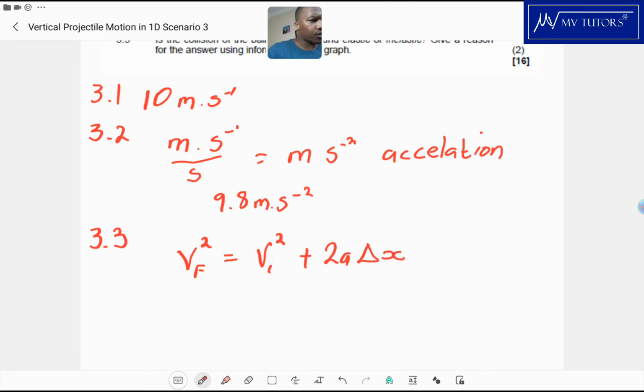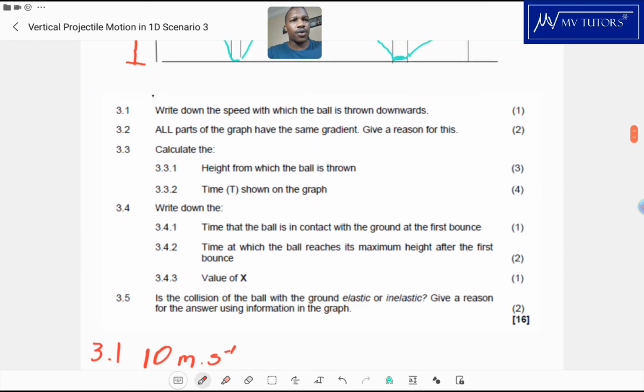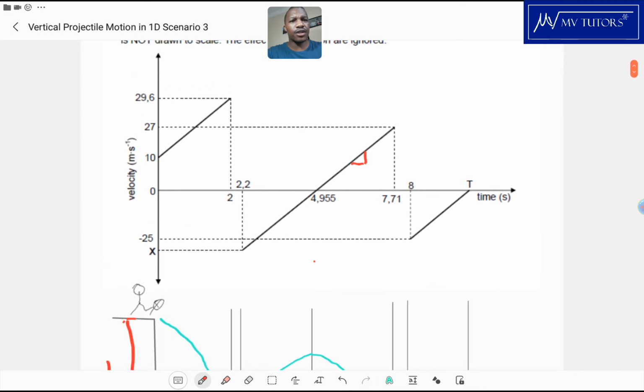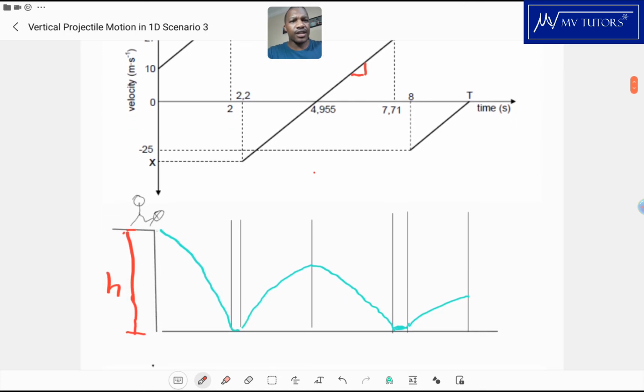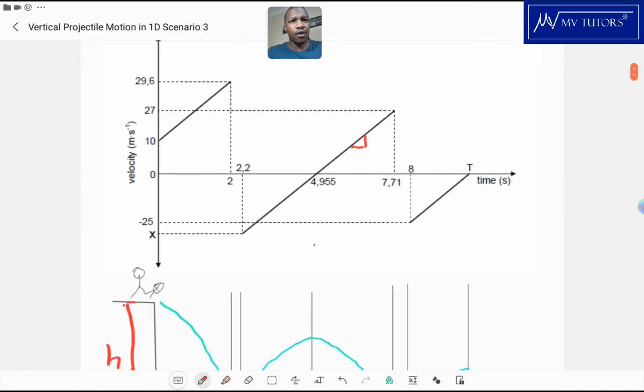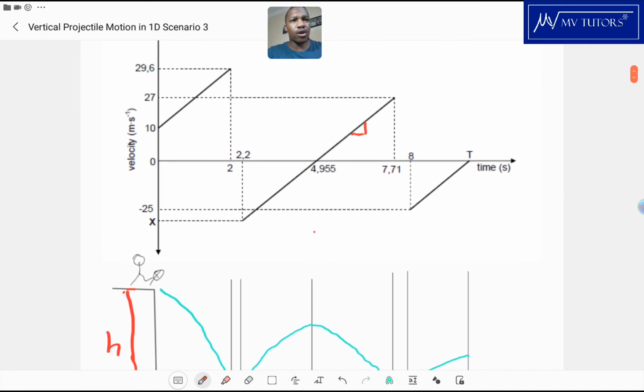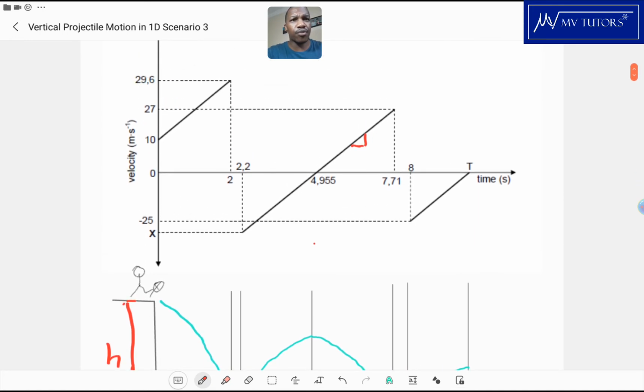If we look very closely at our variables, we can see that the ball is thrown at 10, and the bottom it reaches is 29.6.